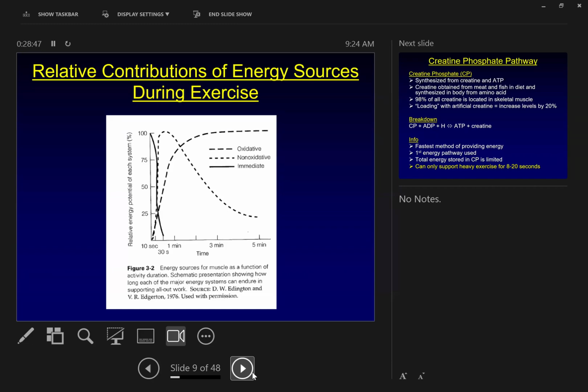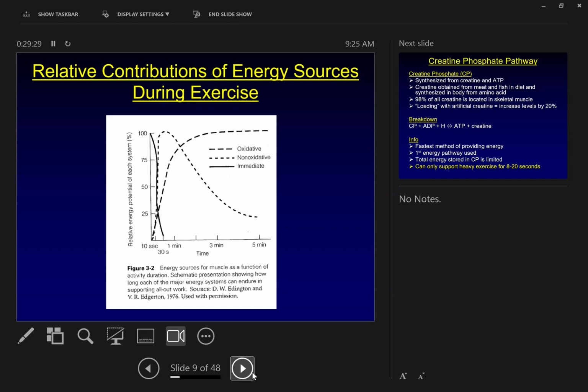But in an all-out sprint, a maximal effort, you have enough creatine phosphate to last maybe 10 or 15 seconds. Once that stored ATP is gone, once that creatine phosphate is gone, we cannot use those two things again until we stop exercising and replenish. So what we're left with after the first 10, 15, or maybe even 30 seconds is that all ATP has to come from glycolysis and aerobic metabolism.